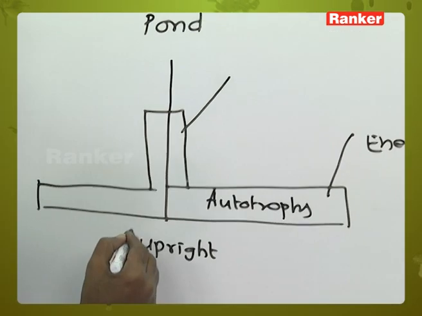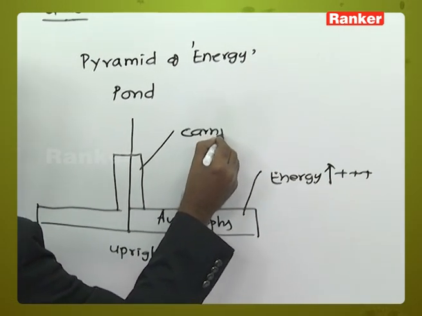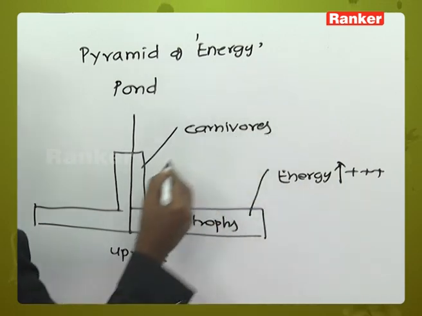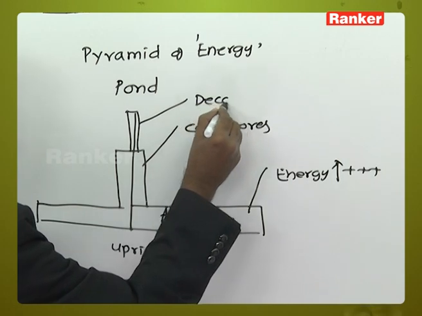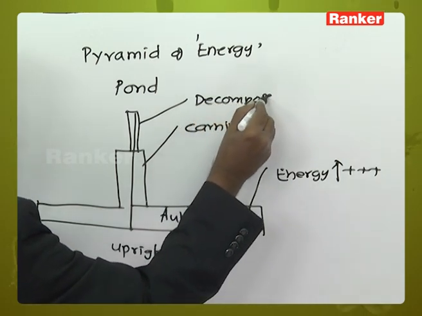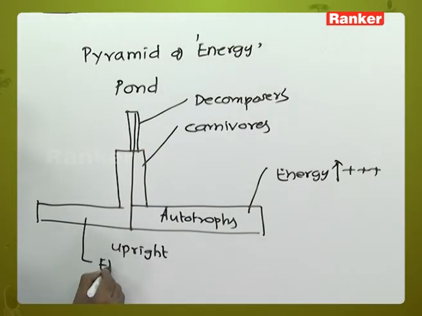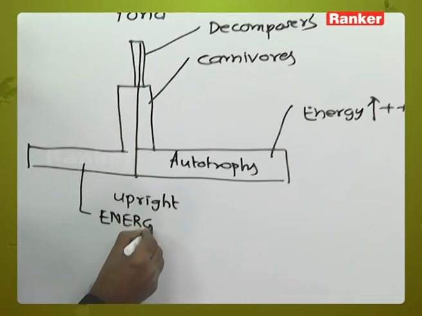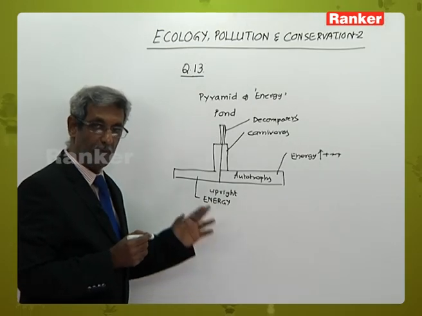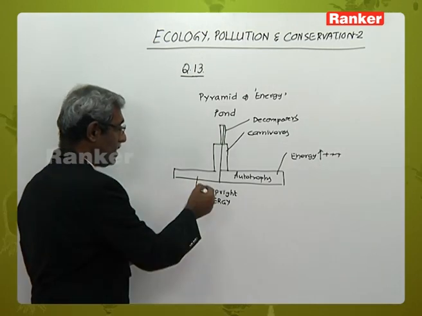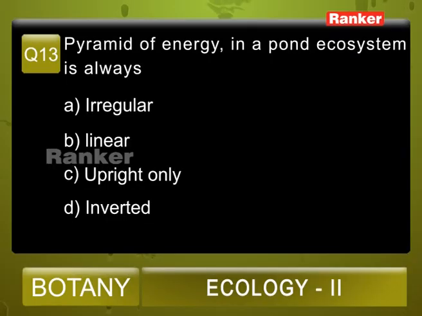So, these are primarily called carnivores, and then you have the decomposers. So, the maximum energy content is trapped in the phytoplanktons which are present in the pond. So, this indicates that the pyramid of energy is always upright, hence the answer is C.